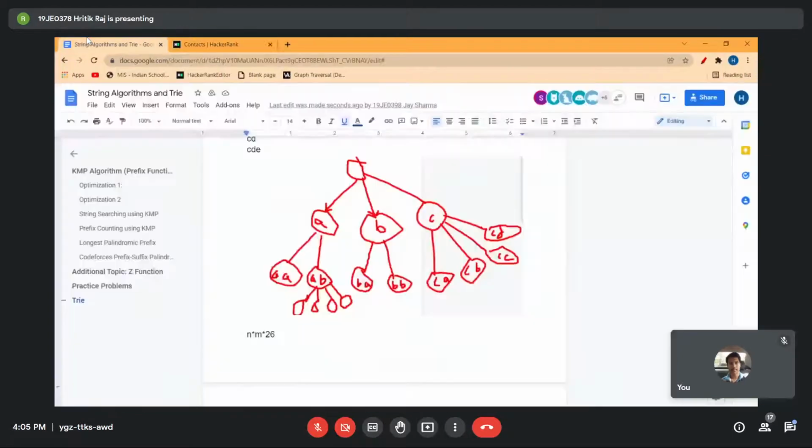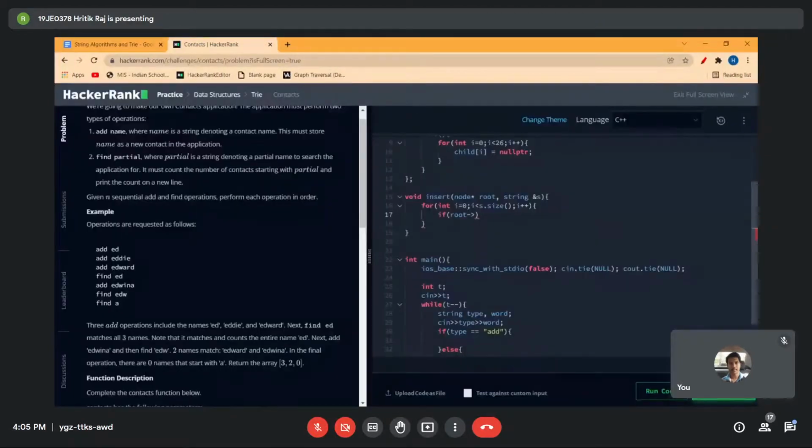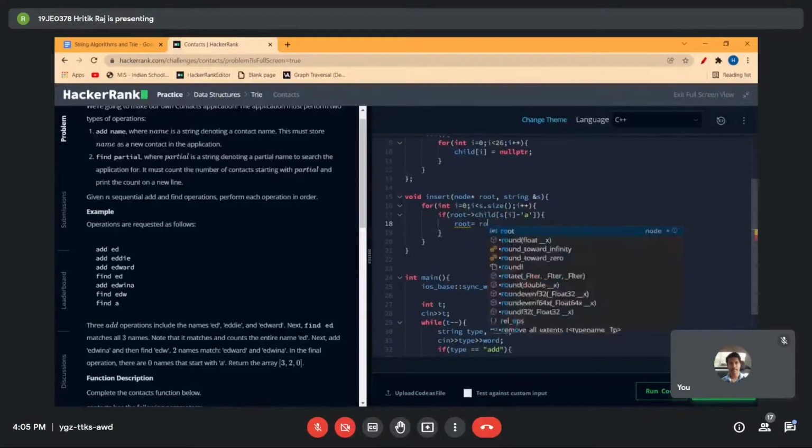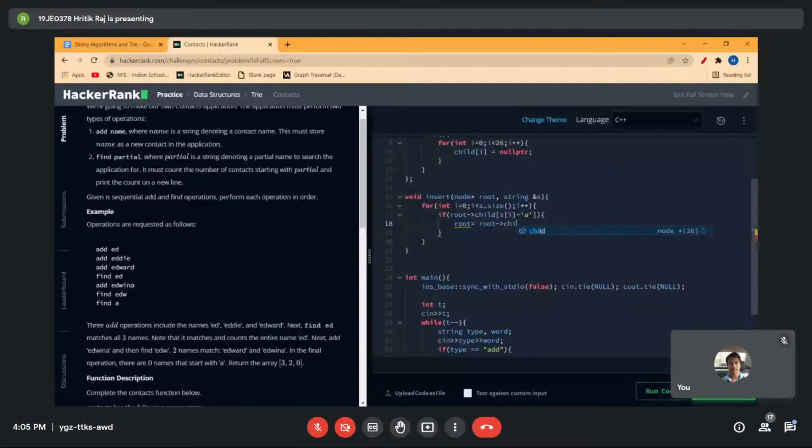Then we will check what is the next letter in the string. If that is present as a child, that is, s[i] minus a, the index of that letter, is not equal to null pointer, in that case we will simply move to that node.